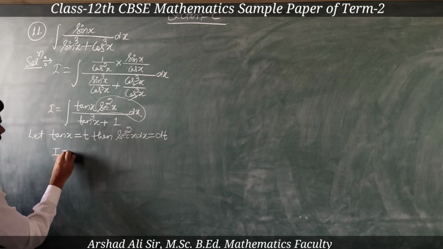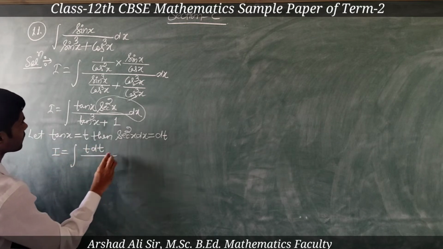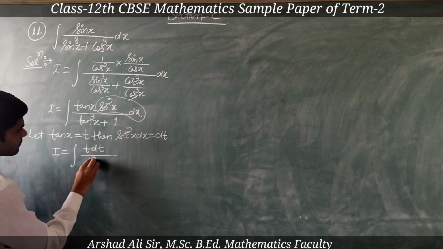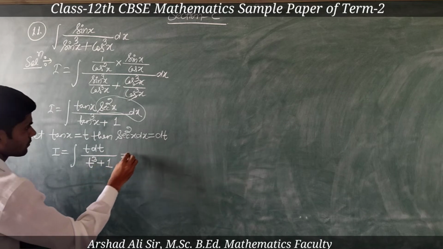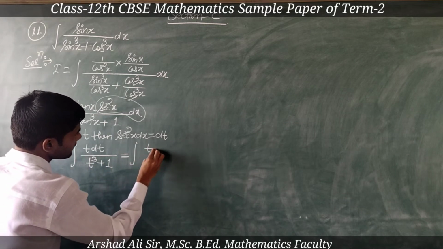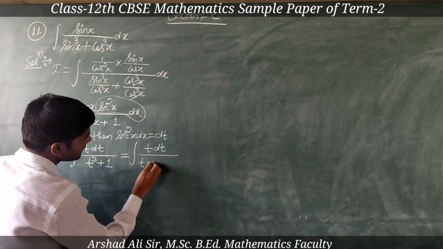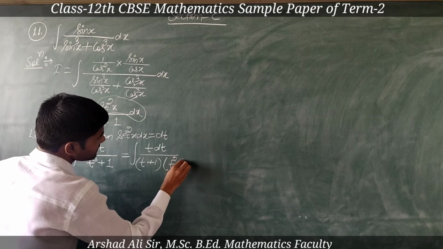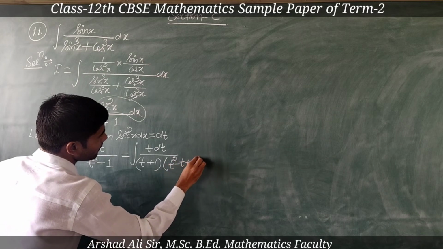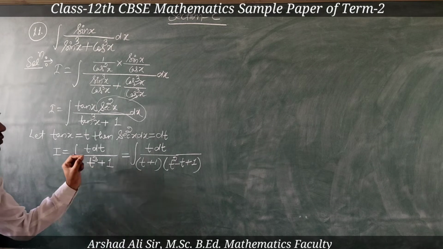So I is equal to integration of t dt upon t cube plus 1. Now we can factorize this term: t dt upon t cube plus 1 means t plus 1 into t square minus t plus 1. Okay, in this we can apply the a cube plus b cube formula.